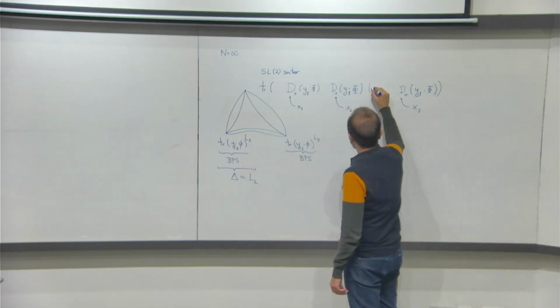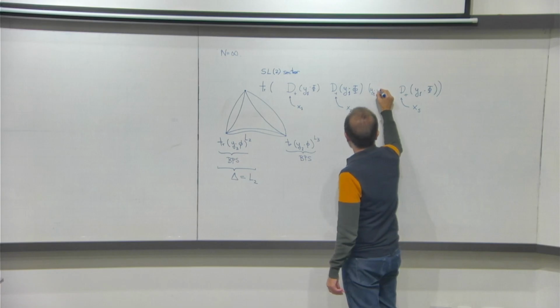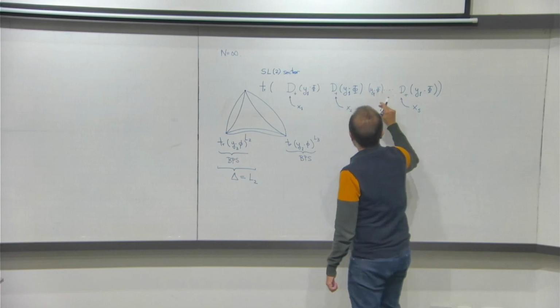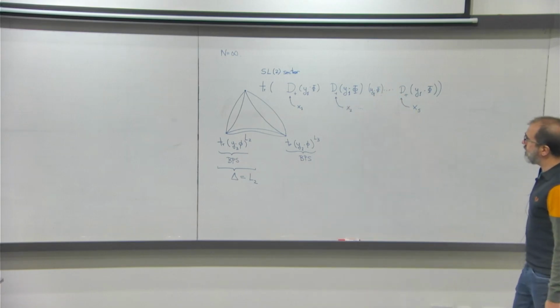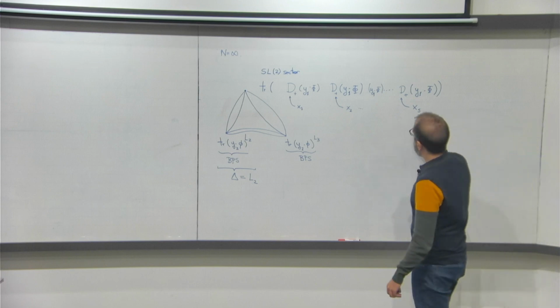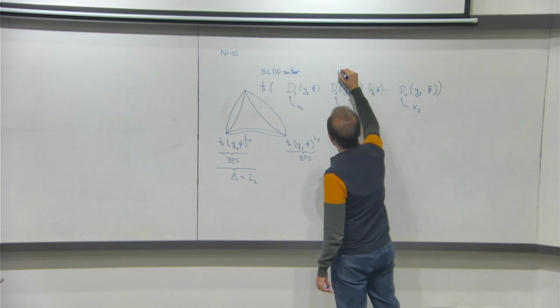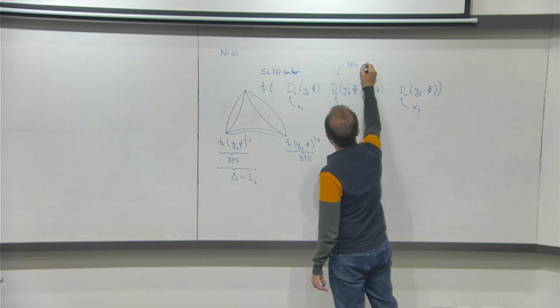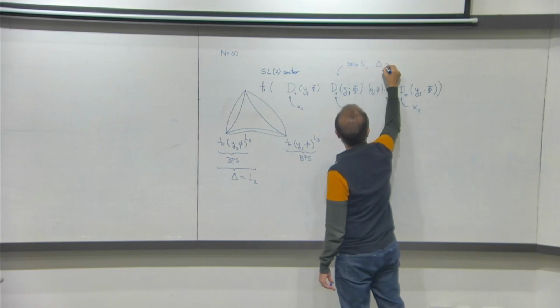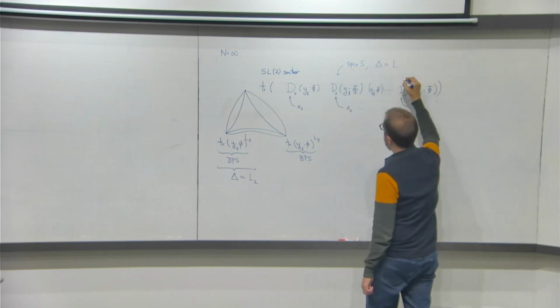Not all fields have derivatives, of course. There are many y's, and some y's are acted on by a derivative. And this state would have spin s, and the dimension would be L, the number of scalars.